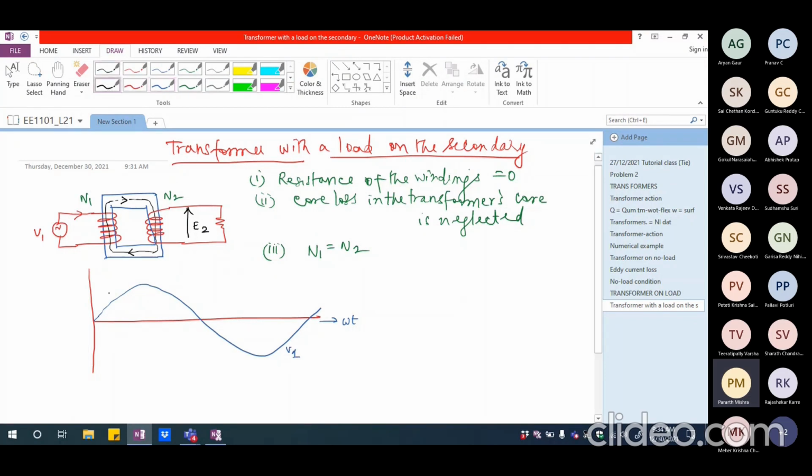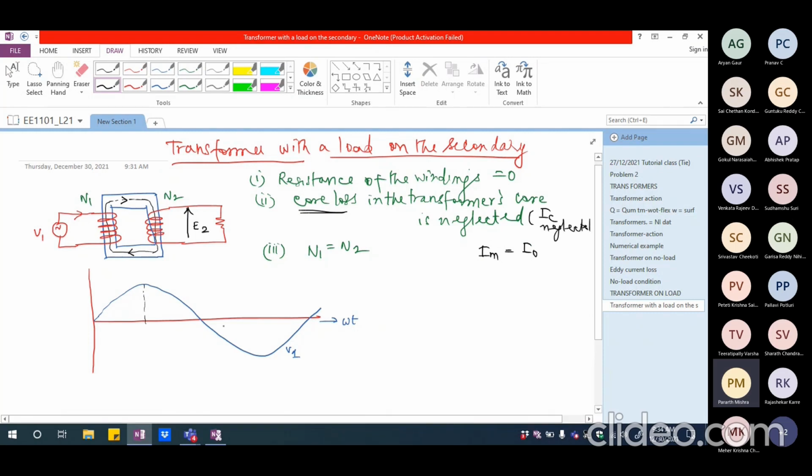For the magnetizing current of the transformer, because I am neglecting the core loss component of current, I should say Im equal to I0. Right now, I am not going to include Ic at all. Ic is neglected.